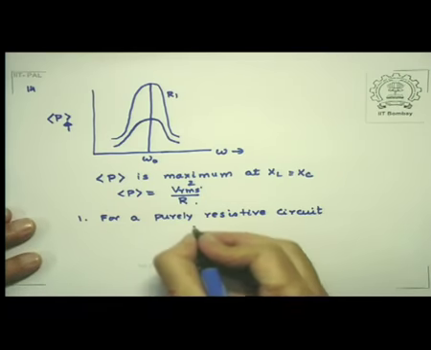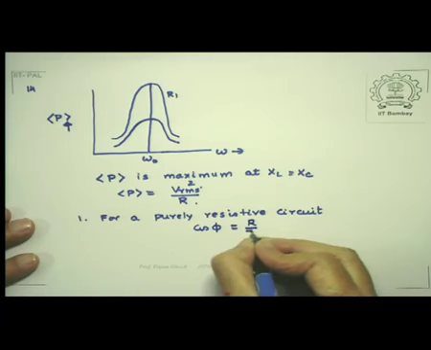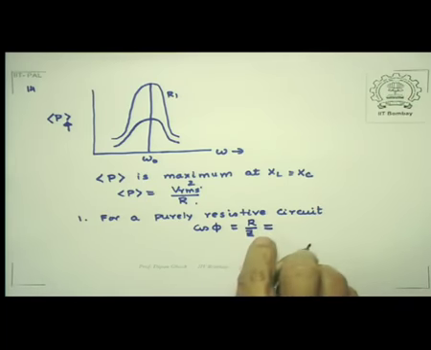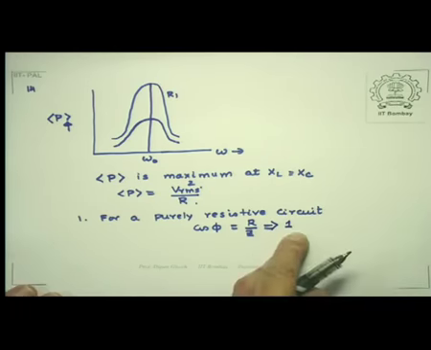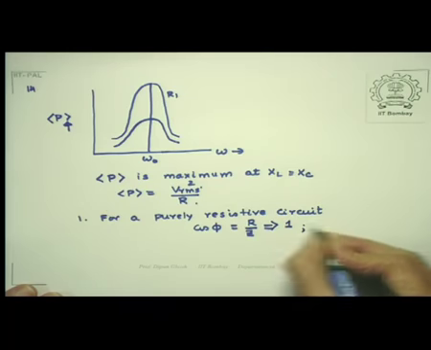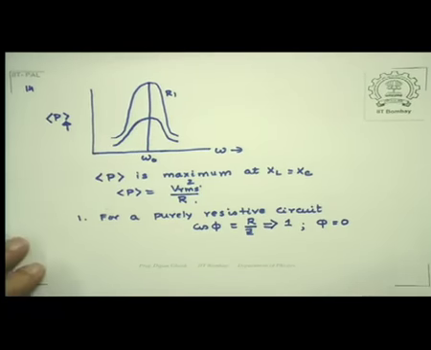Remember I said that cosine of phi is equal to R by Z. A resistive circuit simply means Z is equal to R, so this ratio is equal to 1, in which case phi is equal to 0 and the power dissipation is at its maximum. And as R increases, the peak power decreases.